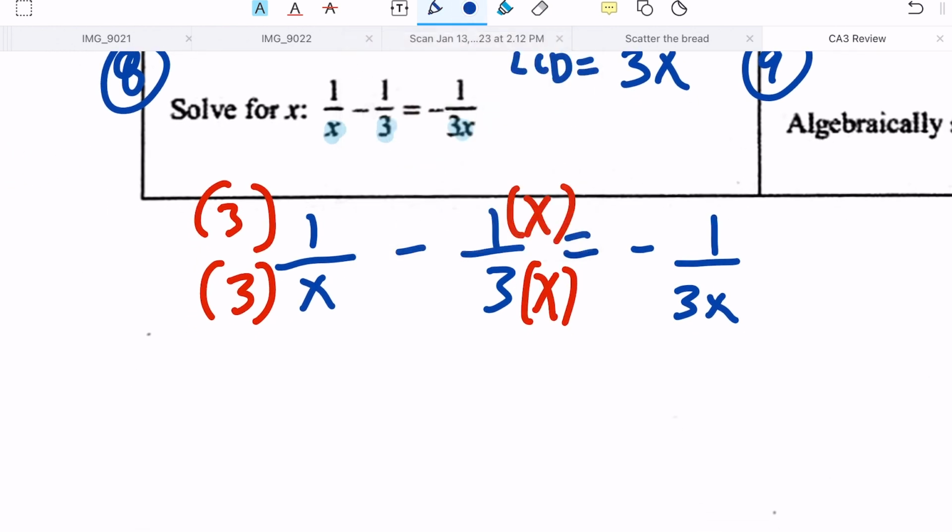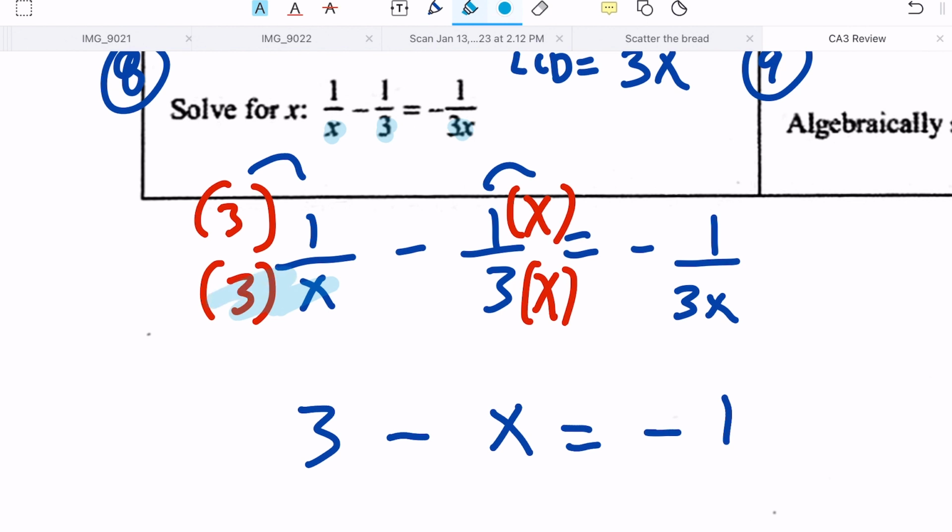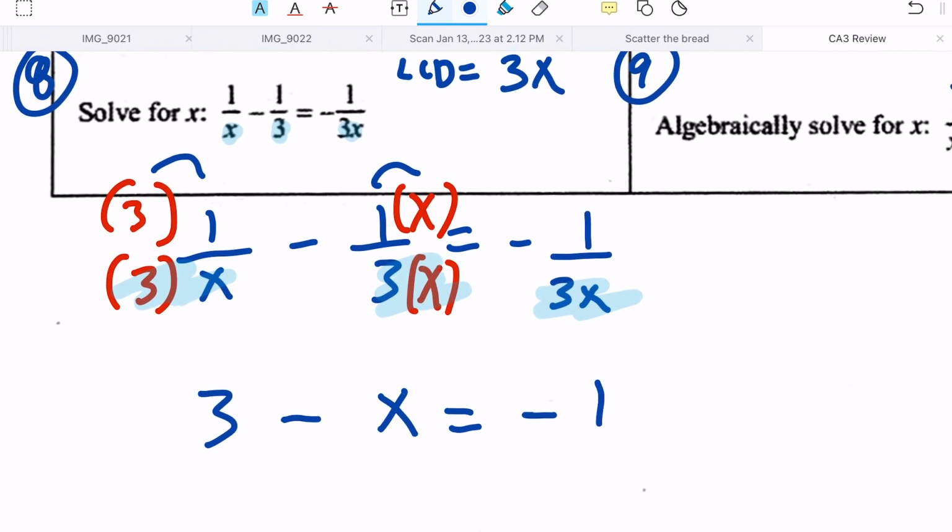So now we distribute: 3 times 1, well, that's 3. 1 times x, well, that's x. And then negative 1. So the next step, you forget about the denominator because the denominators all are the same. Okay, we have the same denominator, so we can combine it. So this becomes 3 minus x equals -1. So let's see if you guys can finish it yourselves.